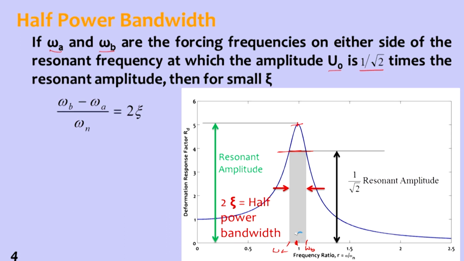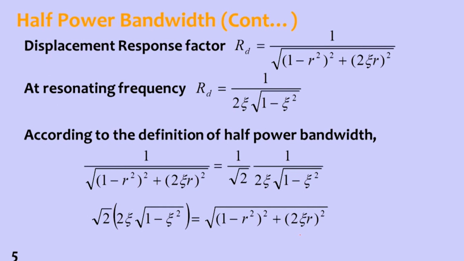So how do we get this equation? Let us look at it. The displacement response factor Rd, we already know, is 1 by under root of (1 minus r square) whole square plus (2 zeta r) whole square. Now at the resonating condition for displacement, Rd is equal to 1 by 2 zeta under root 1 minus zeta square. According to the definition, this Rd should be equal to 1 by root 2 times the resonating amplitude.